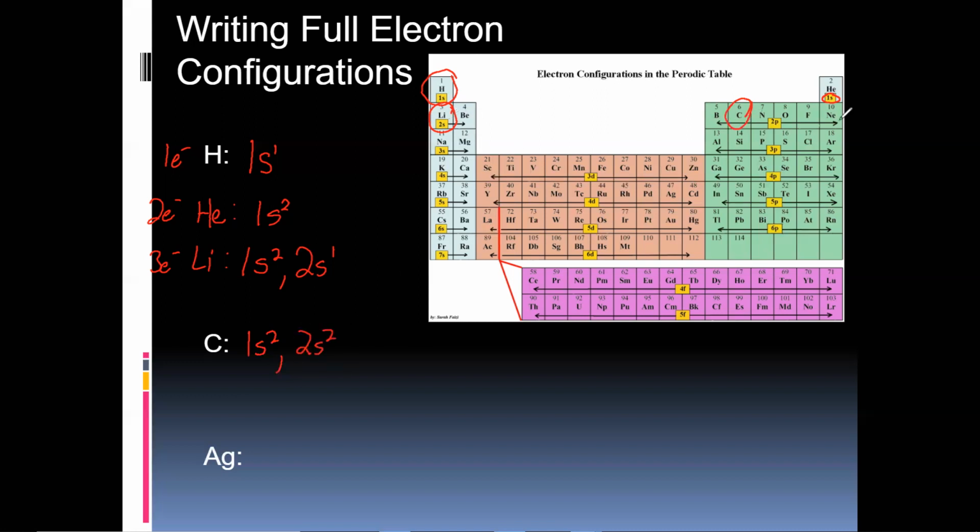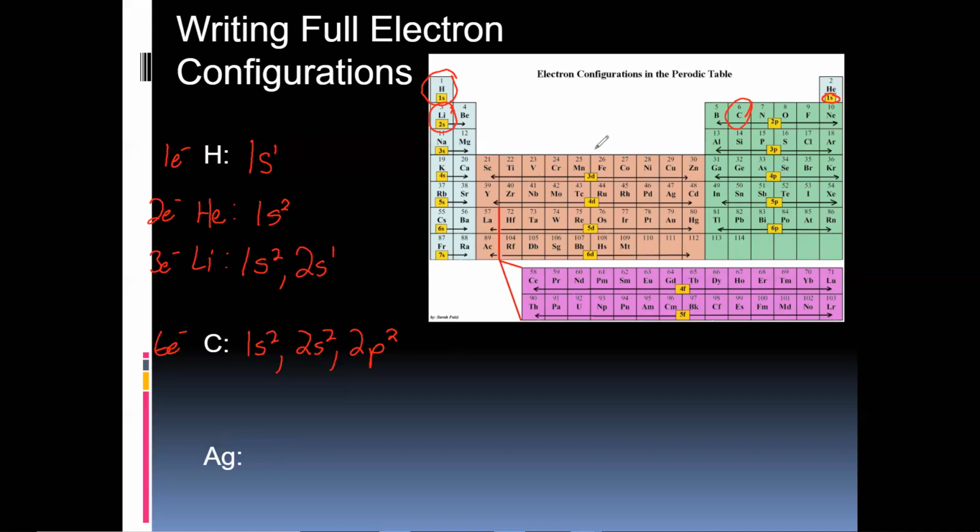And then once you get to 2p, because carbon is within the 2p orbital, you count over how many spaces within that orbital. So it has 1 space in it, 2 spaces. So you have 2 here. And to just check our work, carbon has 6 electrons: 2, 4, 6, we have the proper amount of electrons there. Okay?